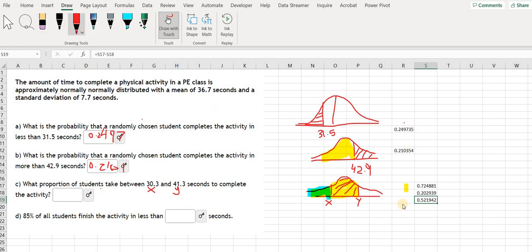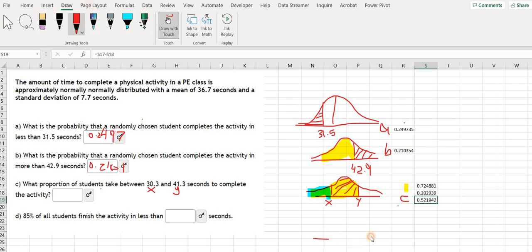So let me write part C here to make my life a little easier. Part C, that is the answer. This is part A, and this is part B. The last part: 85% of all students finish the activity in less than how many seconds? We have the percentage, and we need to find the cutoff for that percentage.